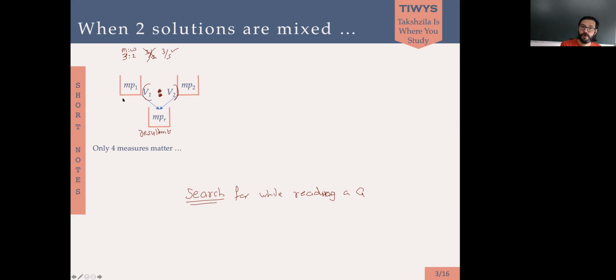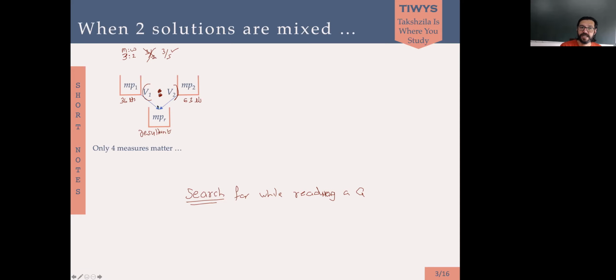So even if the volumes are given in a very bad manner, like what do I mean by a bad manner? Let's say this is given as 36 liters and this is given to me as, let's say, 63 liters. Then I'm not going to work with 36 and 63 liters.